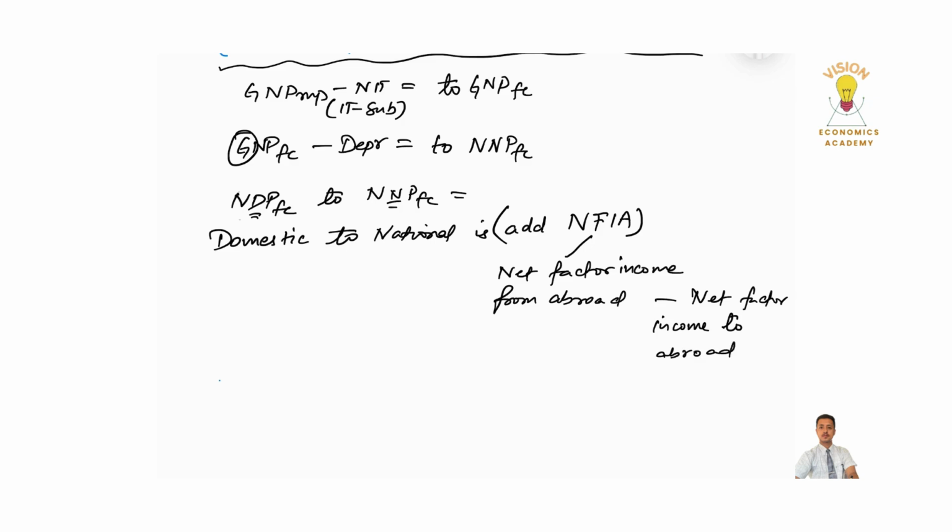So whatever income has been earned from the foreign and been sent back to the domestic country, that's called net factor income from abroad. And whatever the foreigners or the people who are not a part of this country through various means and sources have earned and are sending to their respective parent country is net factor income to abroad.